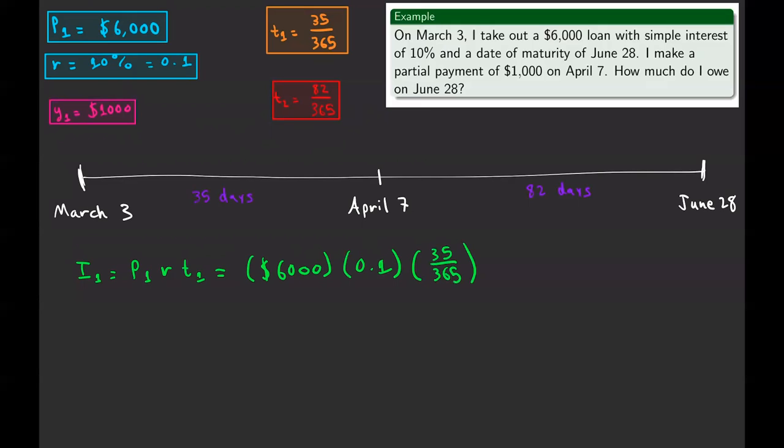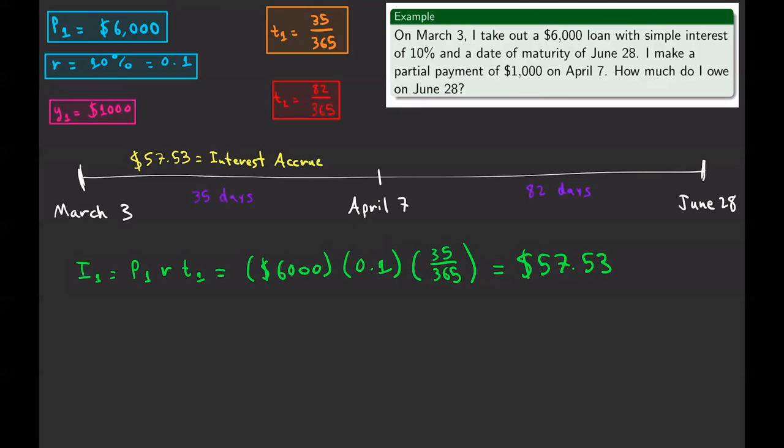When we do this, we end up getting $57.53. So that is the interest that is accrued during that time period. So let's go ahead and write 57.53 equals interest accrued.